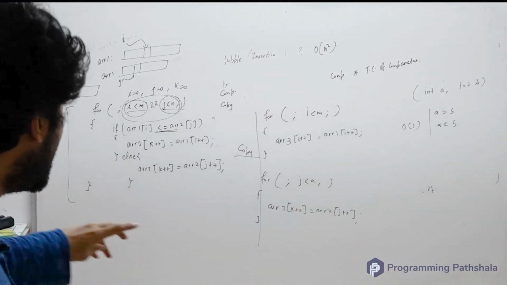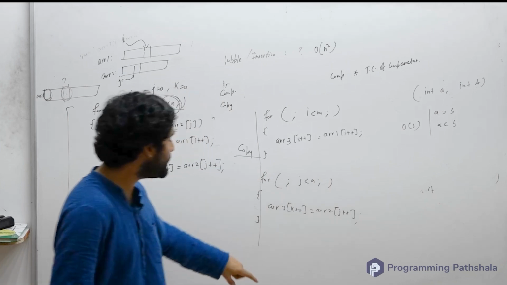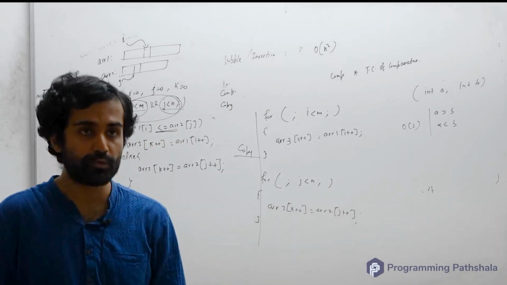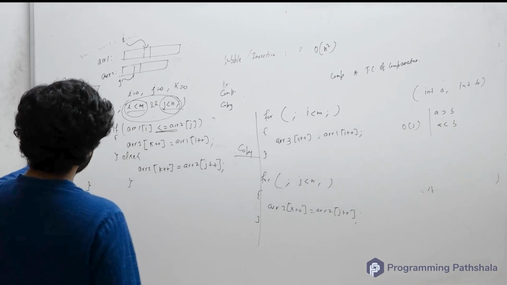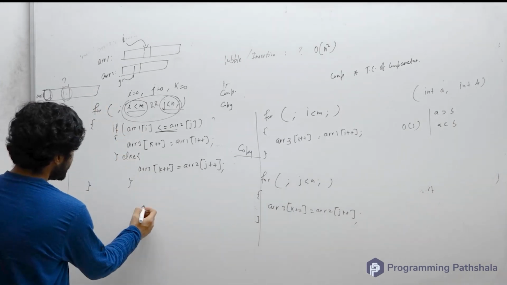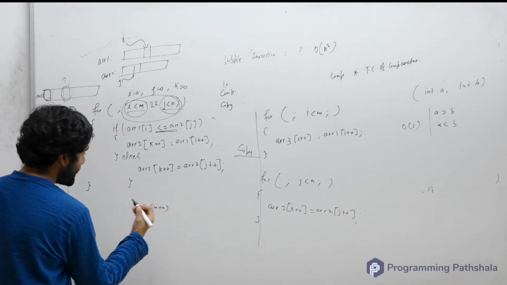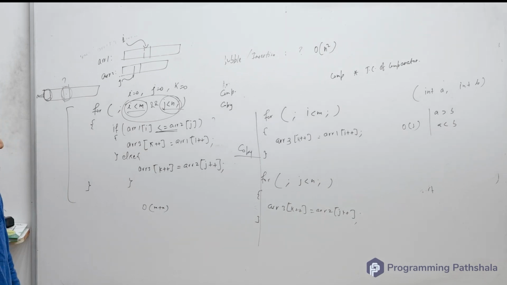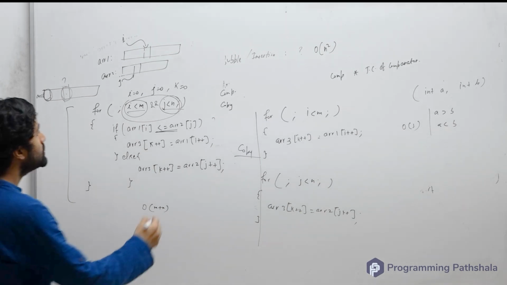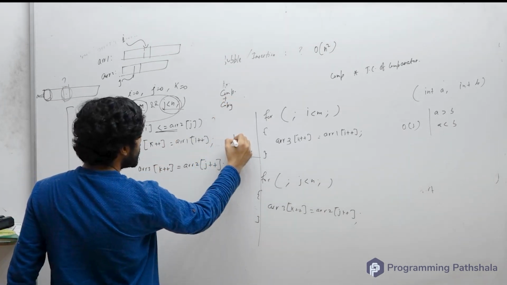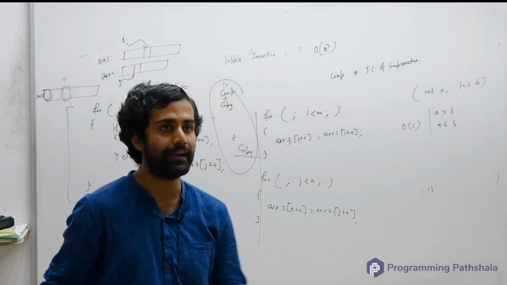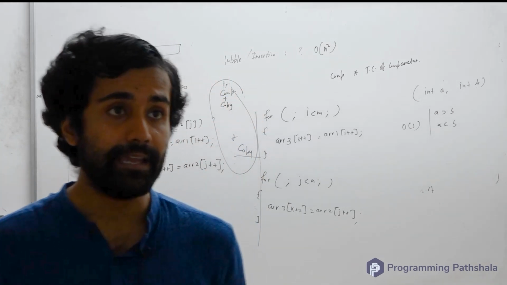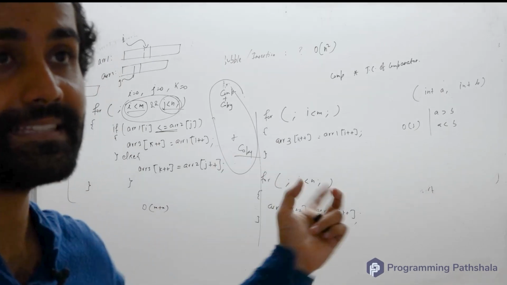There so many iterations will happen in this step, but let's just ignore those cases for now. Let us just try to understand that the number of comparisons which happen over here is something like order of m plus n only, right? And if you are concerned about the number of comparisons plus the number of copy steps, all those that have happened, that is again order of m plus n. That is exactly m plus n.